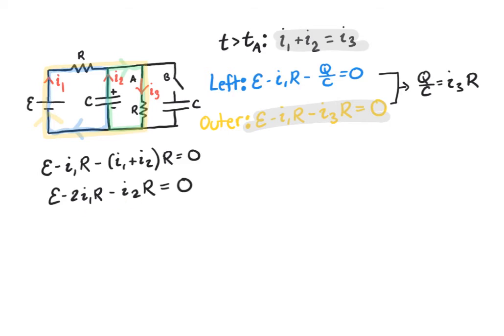Well, the first thing to note is that I2 is the current through the capacitor branch, which means that I2 is related to the rate of change of the charge of the capacitor. If I2 is not 0, it means our capacitor is being charged or being discharged. The way I drew my circuit diagram, or the way I labeled my currents, I said that I2 is pointing upwards.